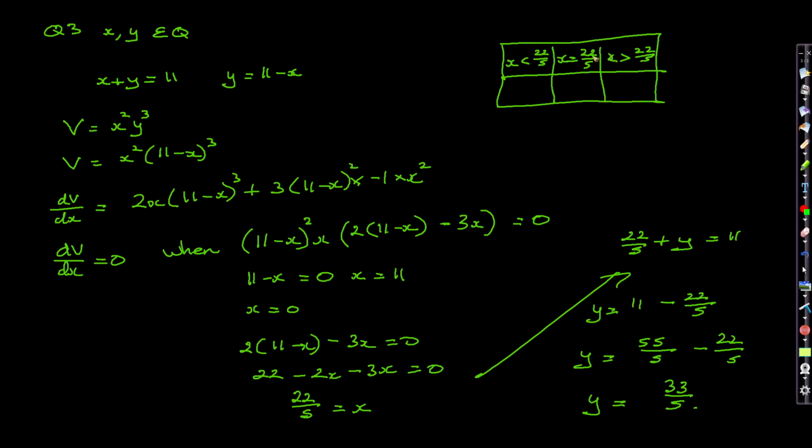At 22 over 5, the derivative is equal to 0, so that's a flat line. Now you can have a look at the values of the gradient before and after 22 over 5. So I'm going to let you confirm that it does give a maximum.